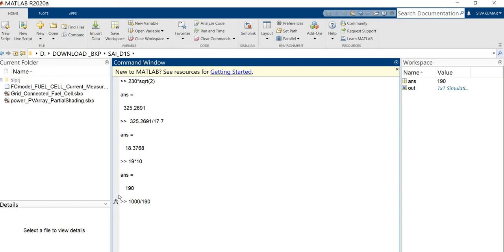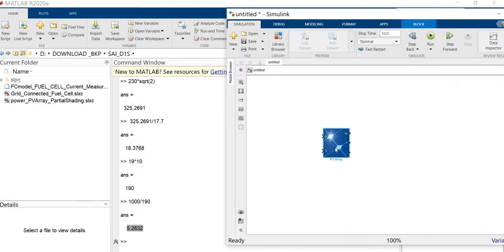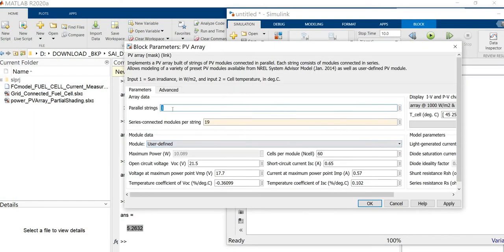That comes to 5.26, so we need about 6 parallel strings. We round the value up to 6, so I am going to fix 6 parallel strings.